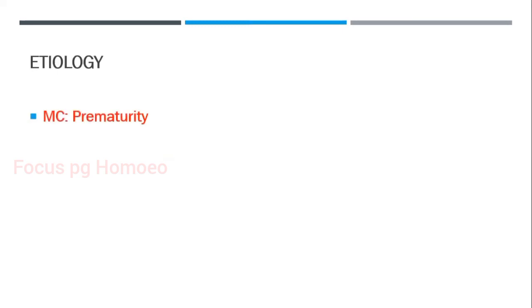Now, the etiology of breech presentation, and this is also asked in question papers. Which is the most common risk factor or etiology for breech presentation? It is prematurity, where there is not sufficient growth of the fetus, and that is why malposition occurs easily.